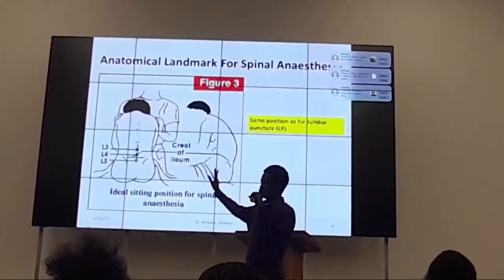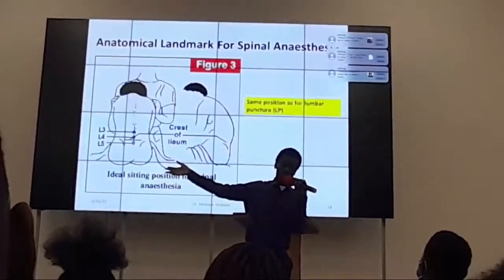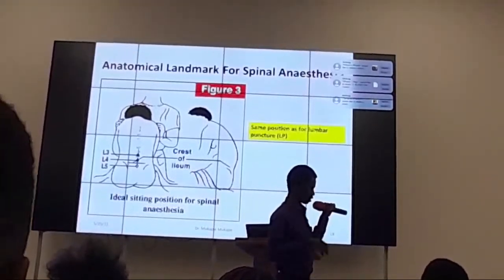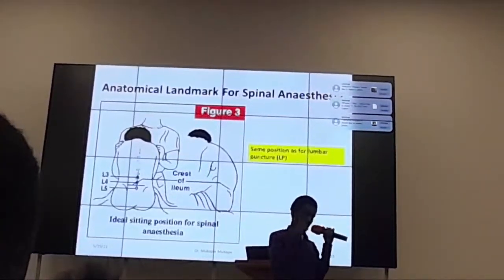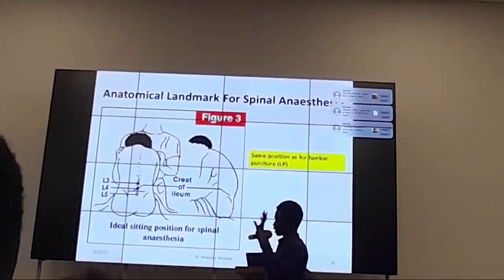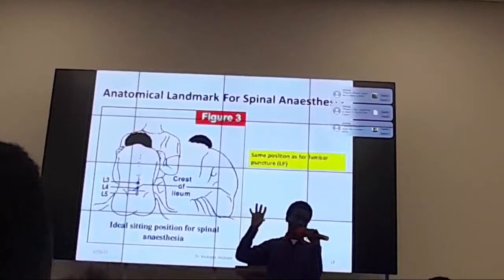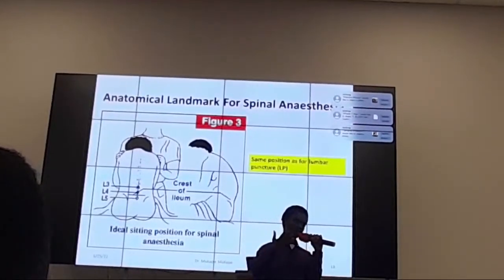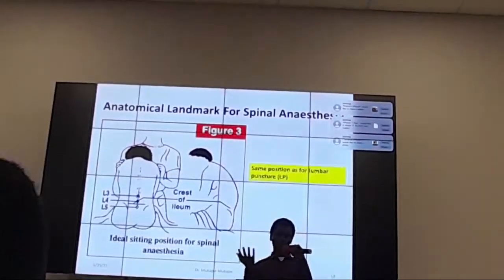And you can't do between L5 and S1. You can't do between L5 and S1 because there is not enough space between the lumbar vertebrae and the sacrum. There is not enough space there. And the sacrum, remember, is a fused structure, isn't it? So you can't do between, let's say, S1, S2, or S2, S3.